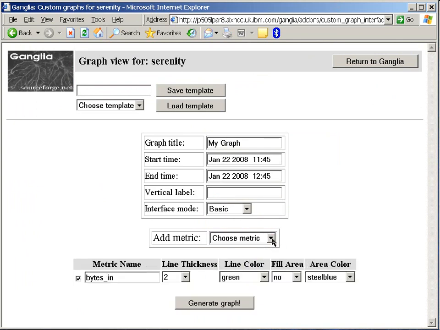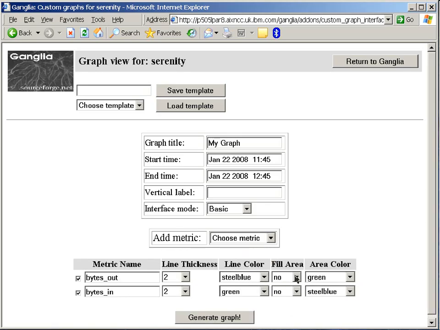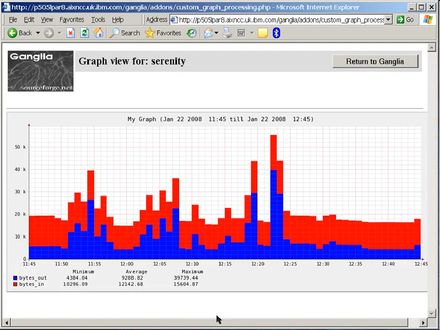The bytes in and bytes out are the network details, and we don't want a line, we want to stack these two graphs, and let's select that particular colour, and go blue and red. So now we can see the overall stats. In this case it wasn't very much I/O, but it was 50k in and out, and the colours we like.